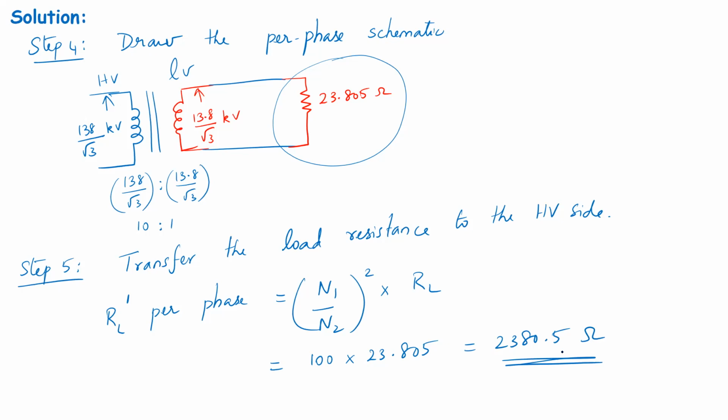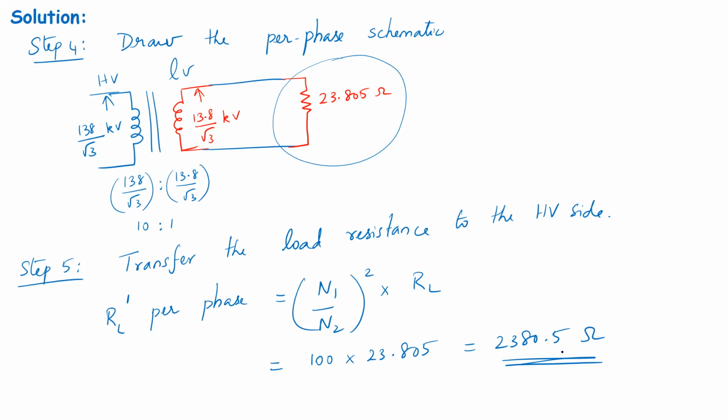And for that to happen, the resistance on the low voltage side, where the current is going to be larger, has to be smaller in value compared to the resistance on the HV side, where the current is going to be smaller. So by comparing the LV side value of 23 ohms to HV side value of 2380 ohms, I can intuitively say this makes sense, that when I transfer resistance from an LV side onto a HV side, its resistance increases, which makes sense. Okay, so this is one easy way to intuitively check whenever you come up with some numbers.